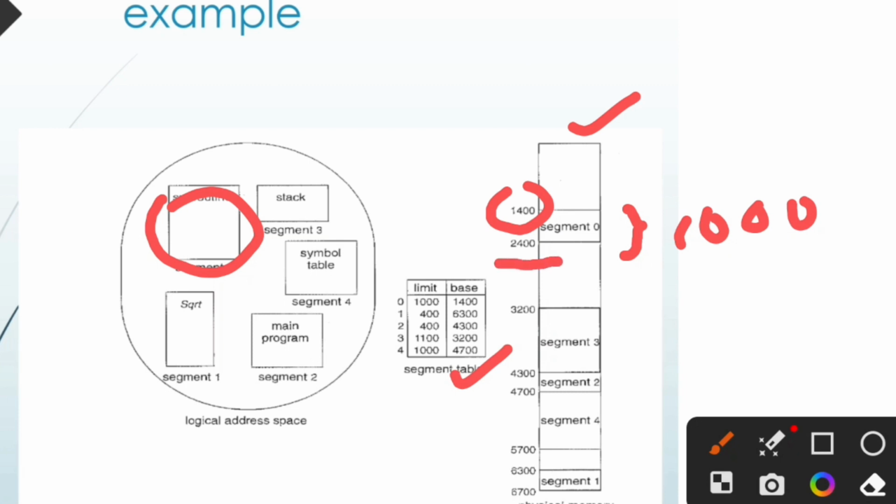Also, segment 1 starts from 6300 and the limit is 400. So, it is between 6300 and 6300 plus 400, that is 6700. Between 6300 to 6700, and so on.